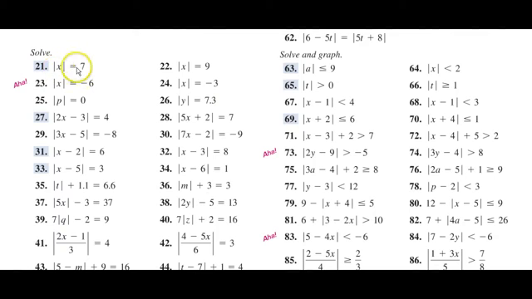So for number 21, it's x could be a 7, x could be a negative 7. Here's one of our aha. X, can it ever equal initially a negative? And the answer is no. And here there's just the one answer of 0.